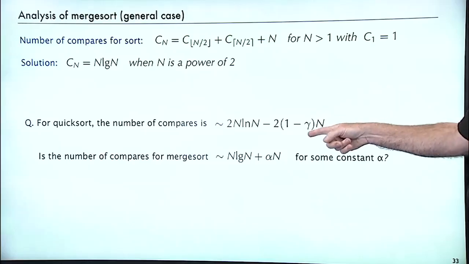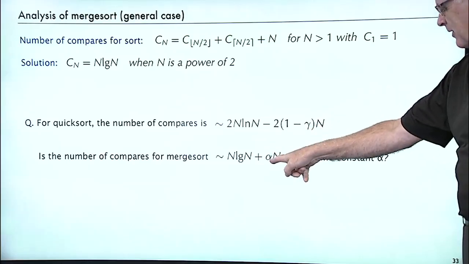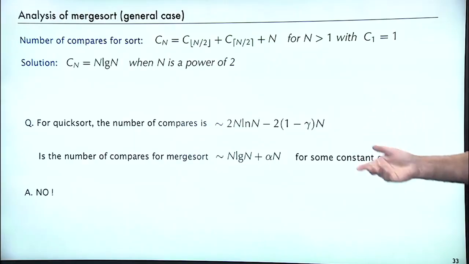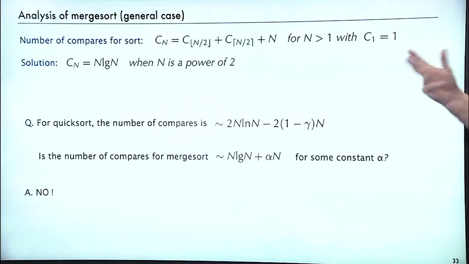Is the number of compares for merge sort proportional to N log N plus alpha N for some constant alpha? And then we'd want to find out what alpha is in order to get the job done. And the answer to that is no. Actually, there's no constant.